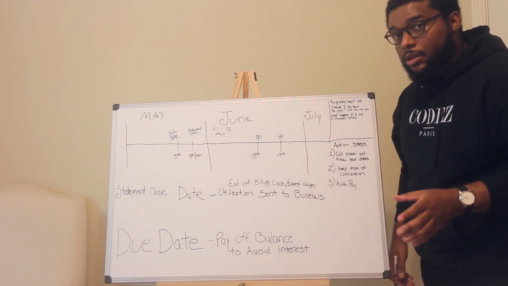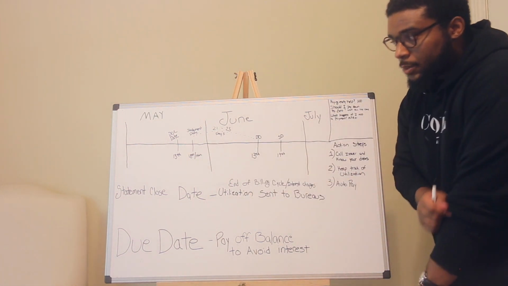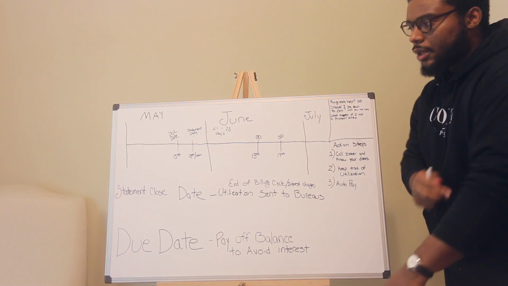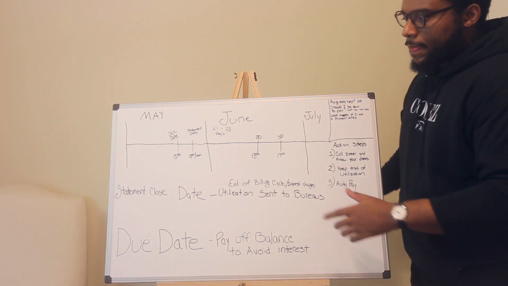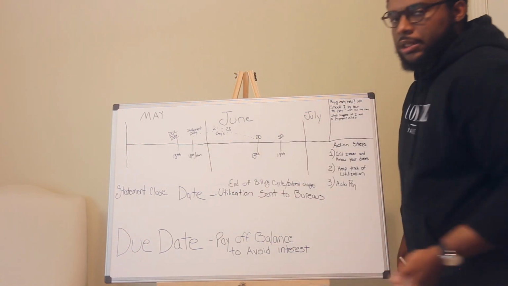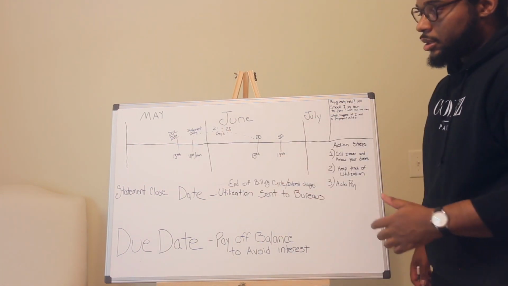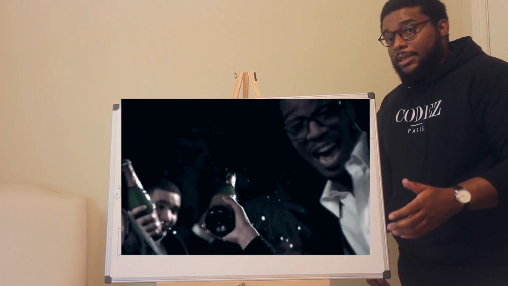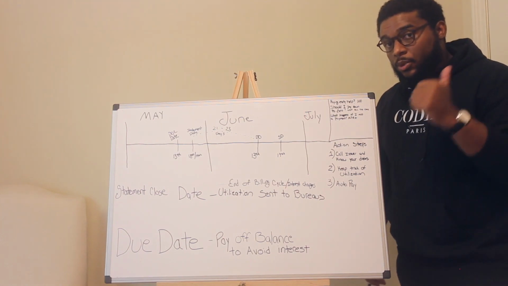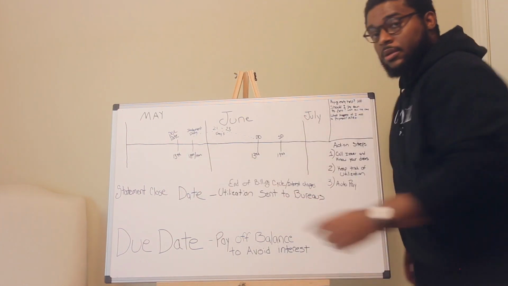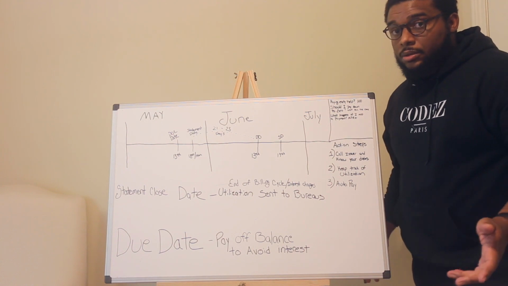Capital One wanted me to pay them, I paid them off completely. But let's say hypothetically, a friend of mine called me on the 14th or the 15th, and they said, yo, we're going out this weekend. Let's live it up. And I say, bet, I just paid off my Capital One card on the 13th. I know I'm not late.